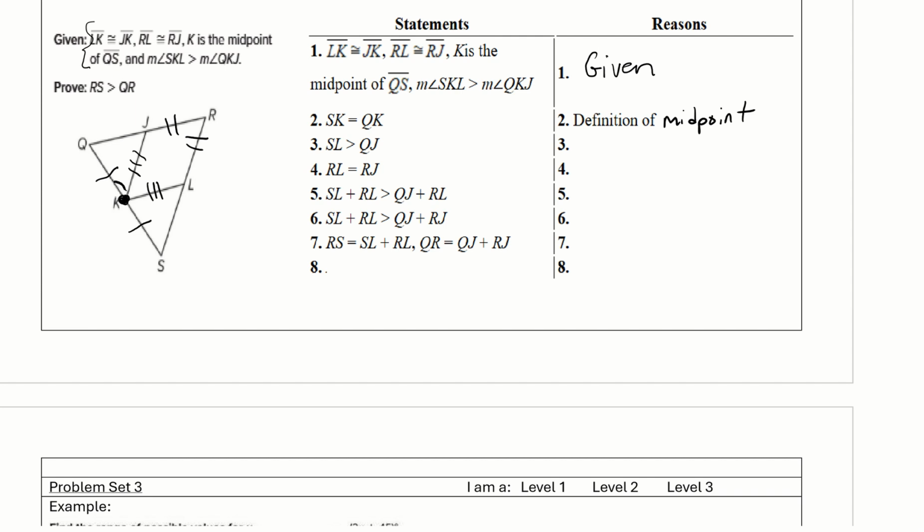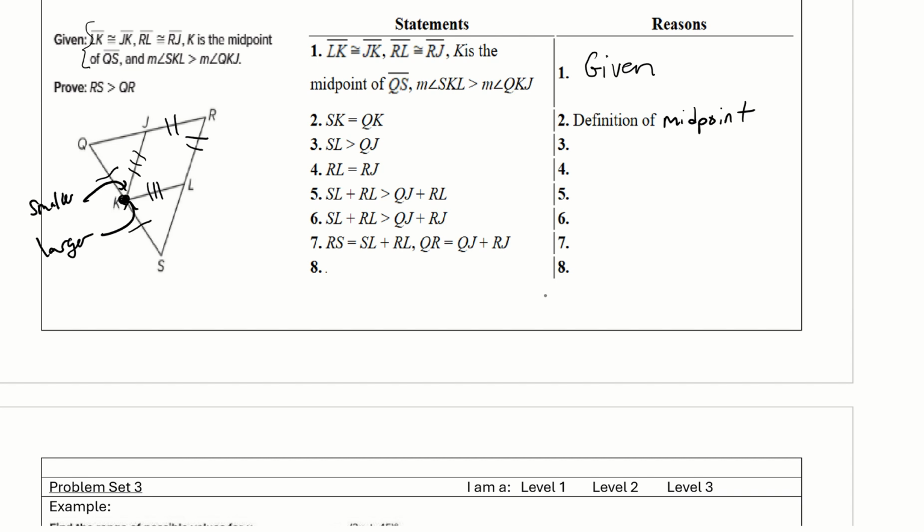So they're saying that this angle is larger. Or did I get that? I think I might have reversed it. QKJ is smaller, and this one's bigger, this one's larger.